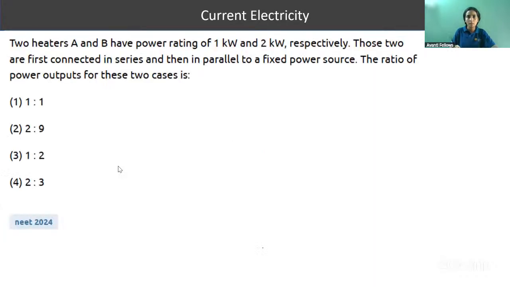ठीक है. चलो, do this now. Everybody take your time, do it.